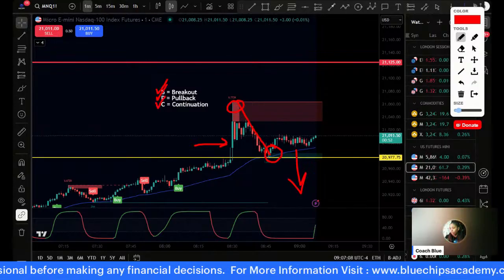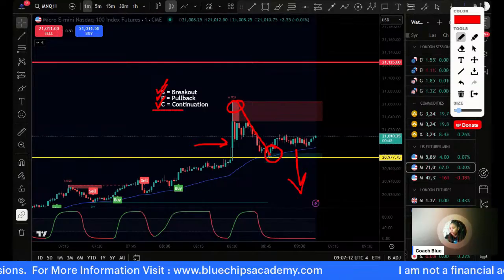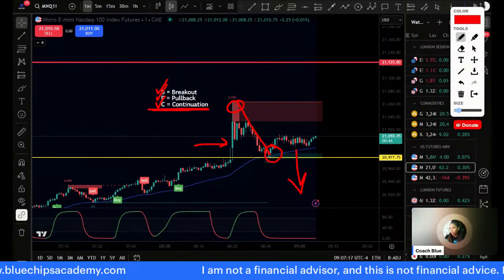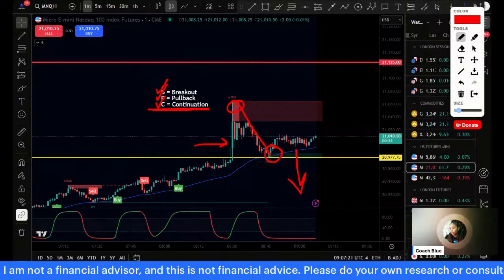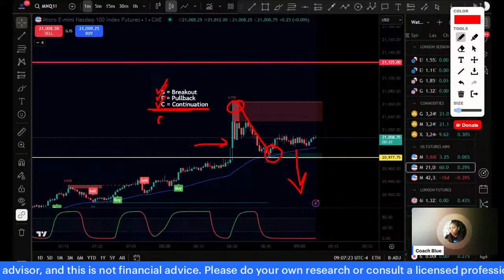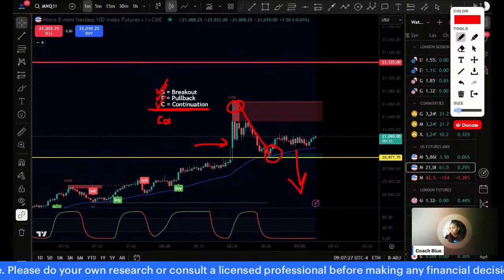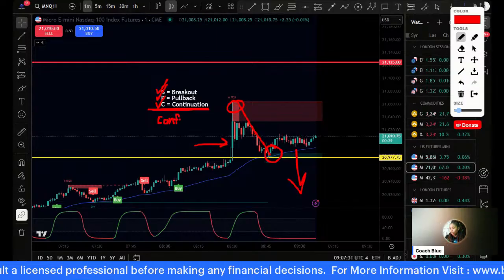Now the C, you guys let me know. The continuation candle must break past my breakout candle. So do we have a BPC confirmation or rejection? Put it in the comment section, guys. Type confirmation or rejection.